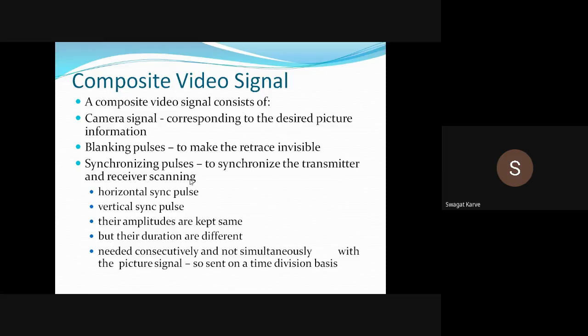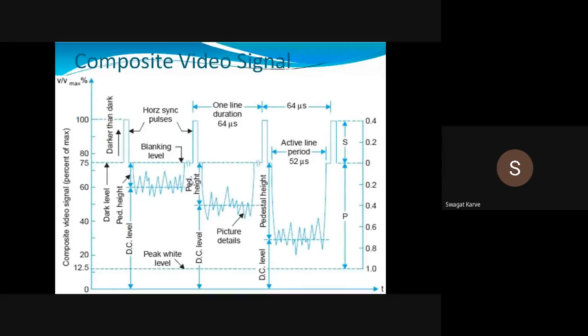Okay, now how will it look actually? So this is a diagram of the composite video signal. You have a dark level, then you have a blanking level or horizontal synchronous pulses, then you have a picture detail signal. Within one line duration you have a picture, then the active line period.